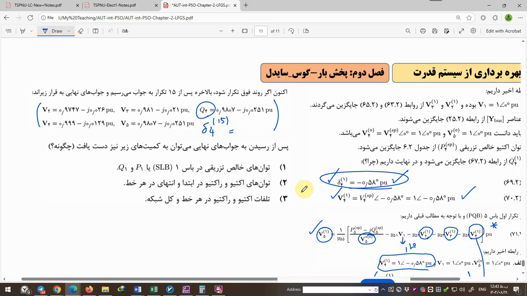And after finding these items, it is preferred to find the power injection of the slack bus, that is P1 and Q1.